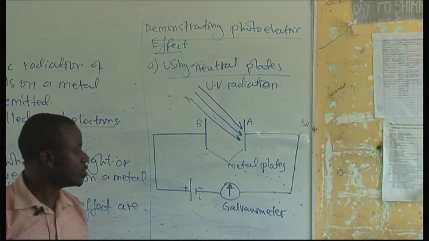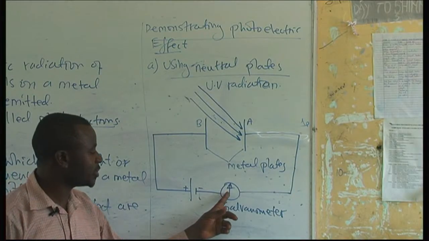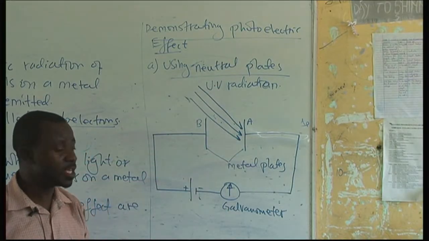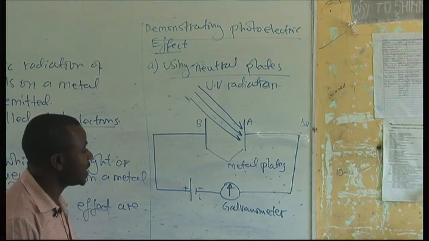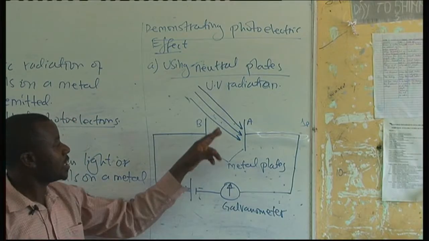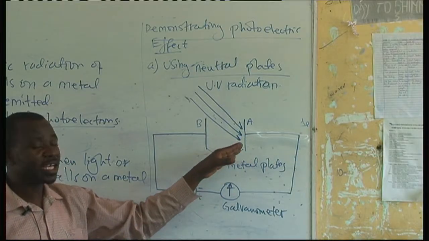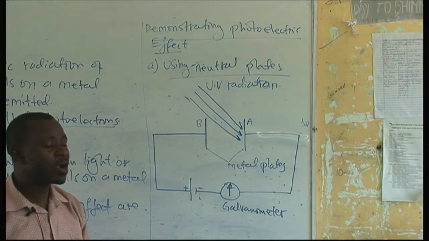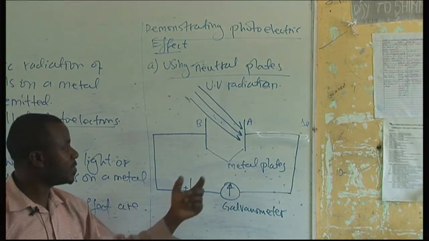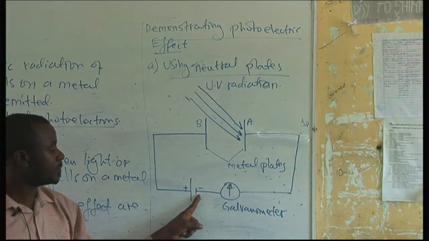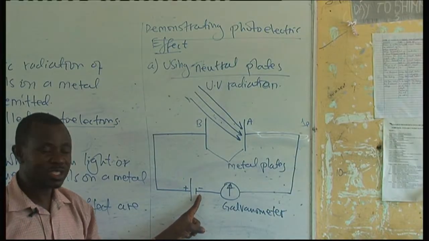Now, what do you think will make this galvanometer deflect? When this UV radiation falls on metal plate A, electrons are going to be emitted from metal plate A, which is connected to the negative terminal of the cell, as you can see here.